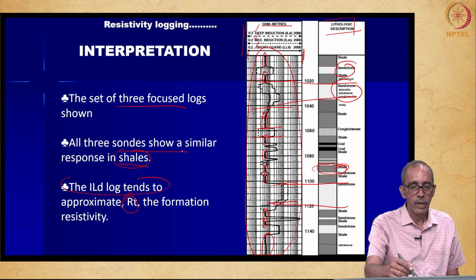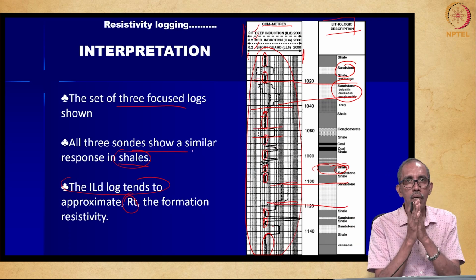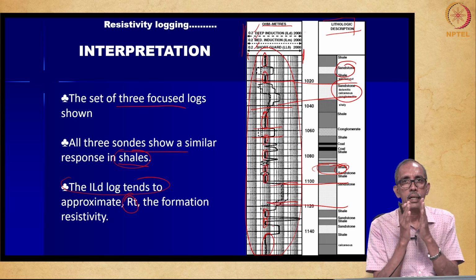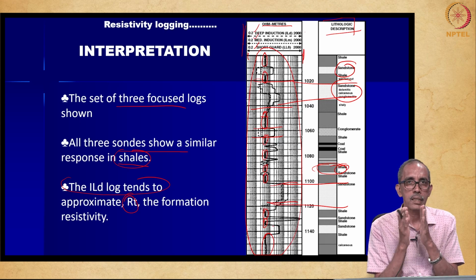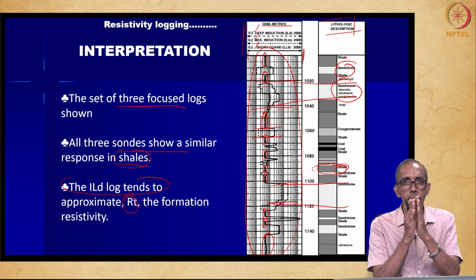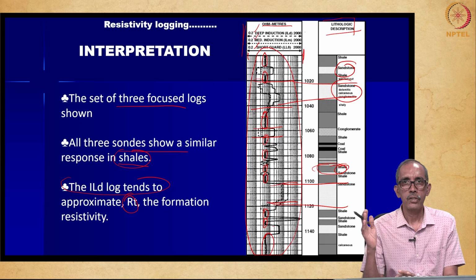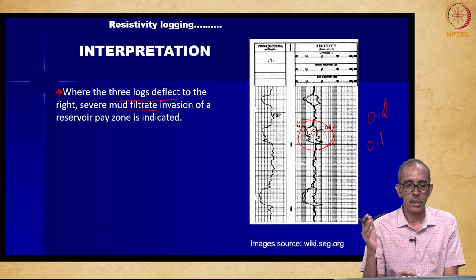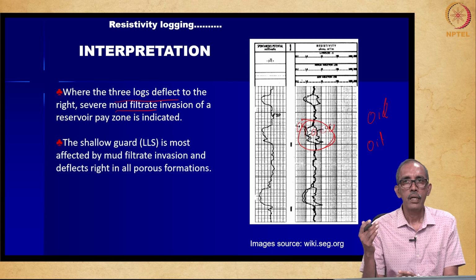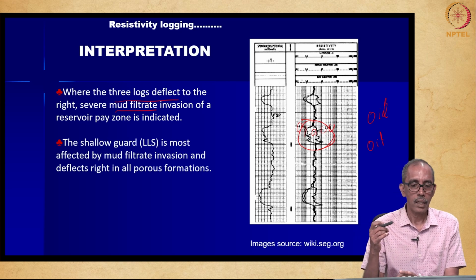So, whenever all the three logs are showing the same signal, they are indicating fine grained formation such as clays and shales. Whenever all the three deflect very much, when they are showing different signals, that indicates permeable zones, right? And also it shows us the invasion of drilling mud.